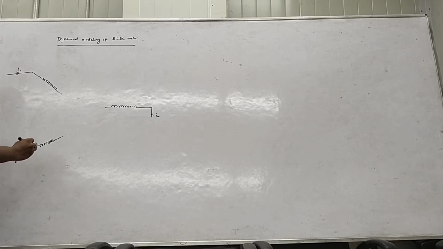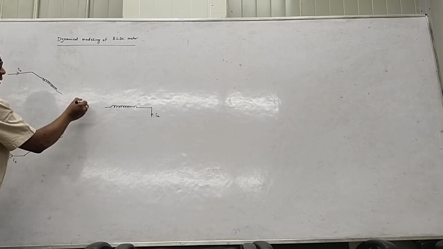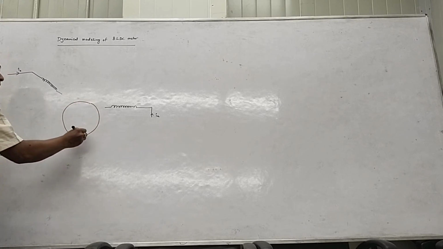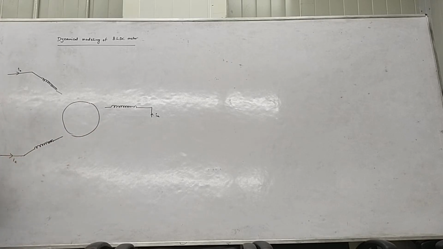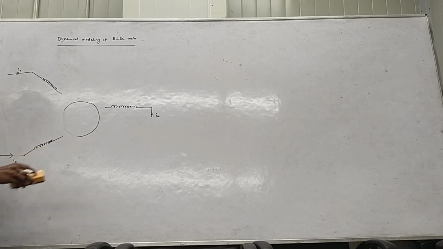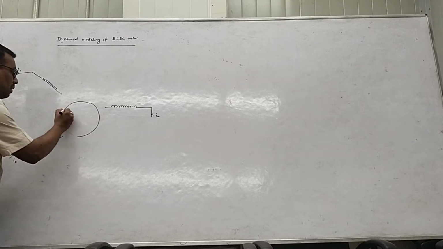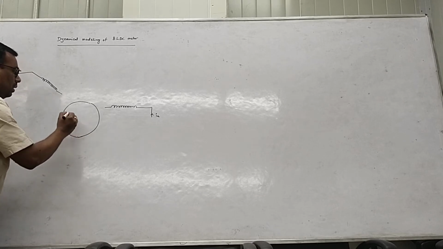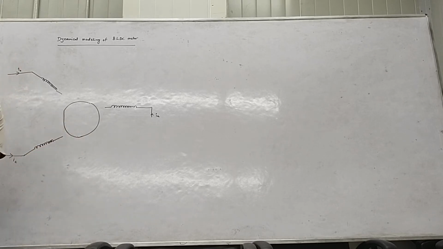If you observe, in the rotor there will be a permanent magnet. So this is a permanent magnet rotor.